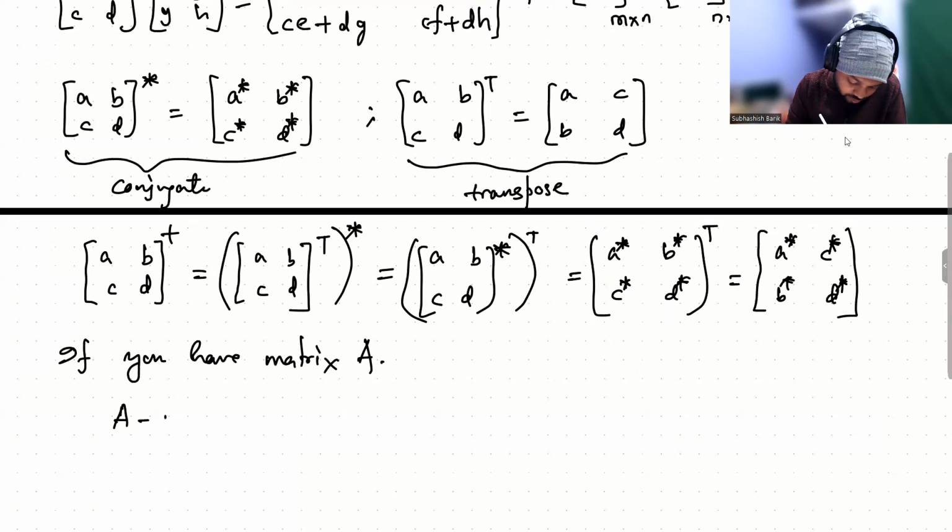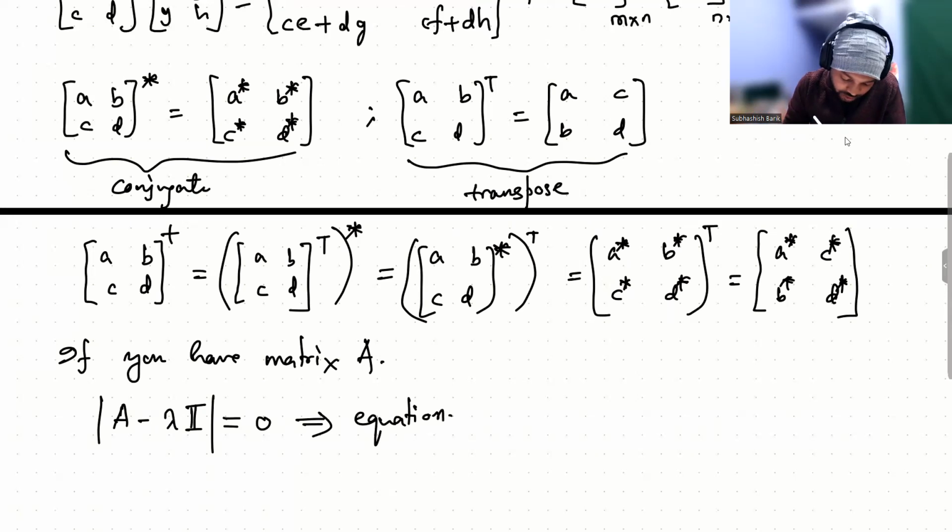We take A minus lambda times the identity matrix. If A is of order 2 cross 2, so that's 4 elements, then the identity matrix will also need to be 2 cross 2. And then we take the determinant of this and equate it to 0. This gives us some equation, and lambda here is the eigenvalue.